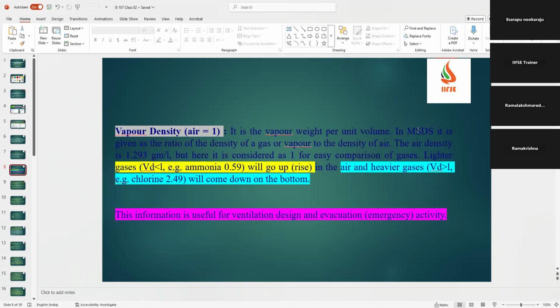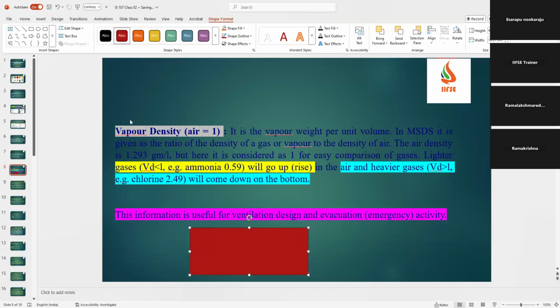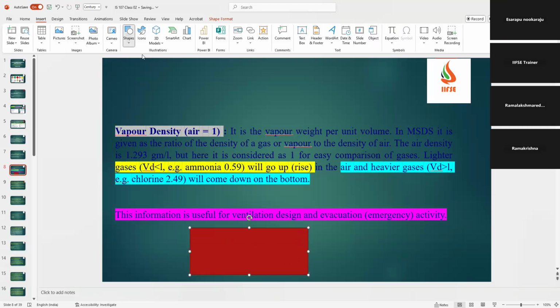With respect to ventilation, if in your organization you have any LPG bank or chlorine storage, there you will have exhaust or ventilation systems very close to the floor level. For example, if you assume this is your floor level, immediately you will have your exhaust systems at the bottom.